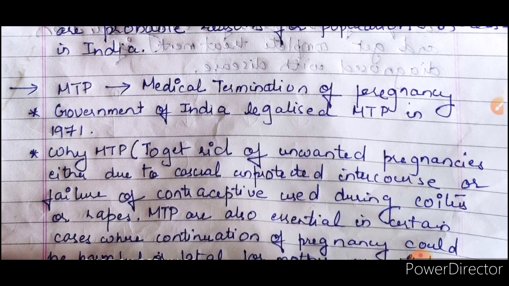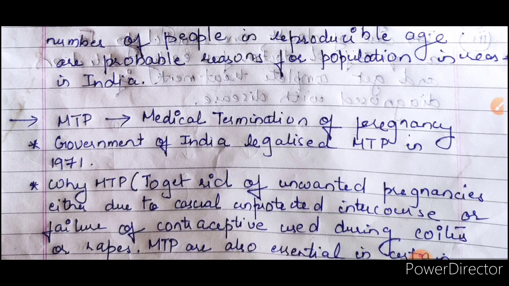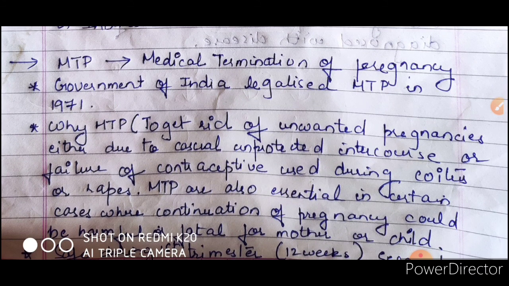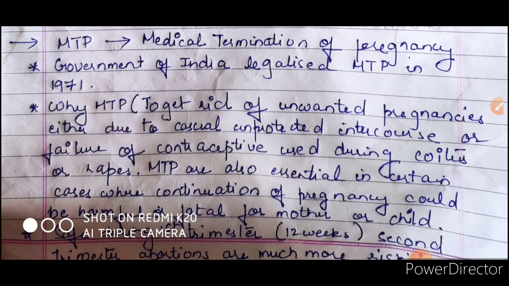Now, we will talk about a term that is MTP, that is medical termination of pregnancy or induced abortion. This was legalized in India in 1971. Why is this MTP required? To get rid of an unwanted pregnancy either due to casual unprotected intercourse or failure of contraceptives used during coitus or rapes.